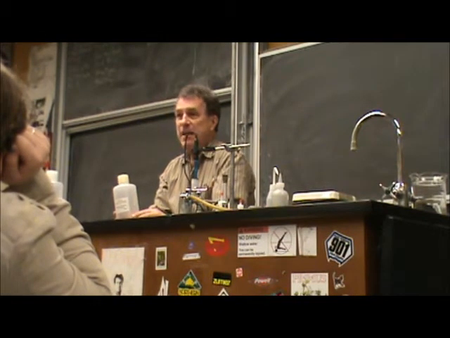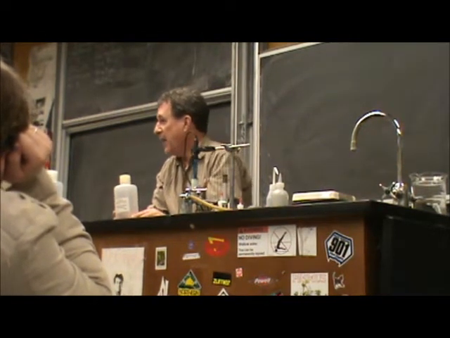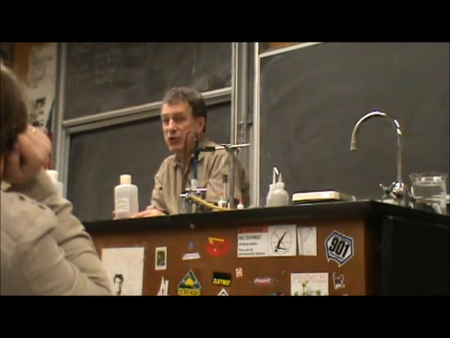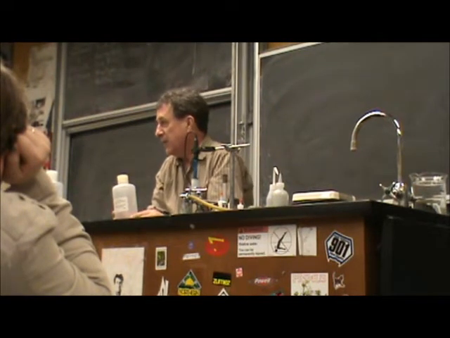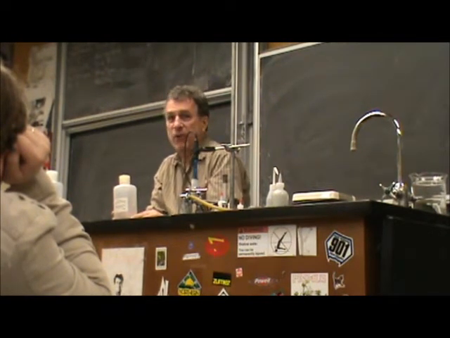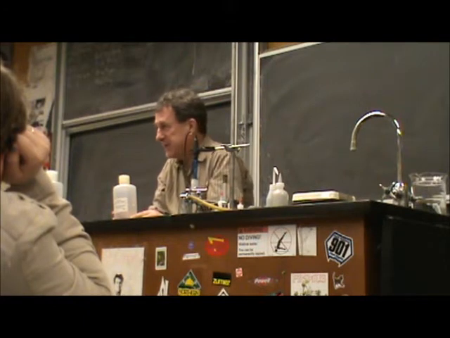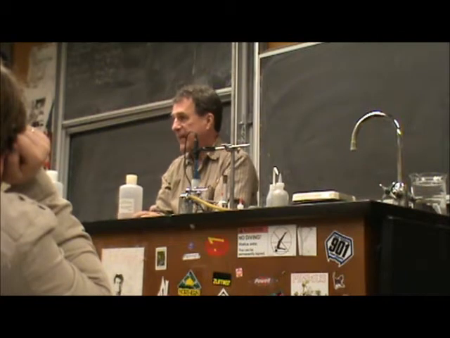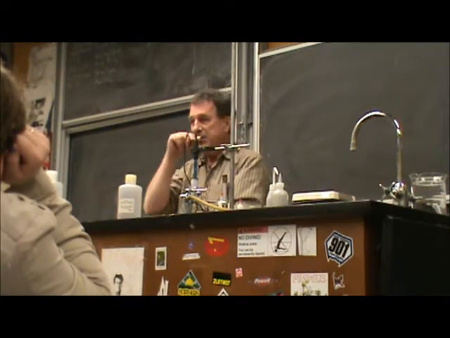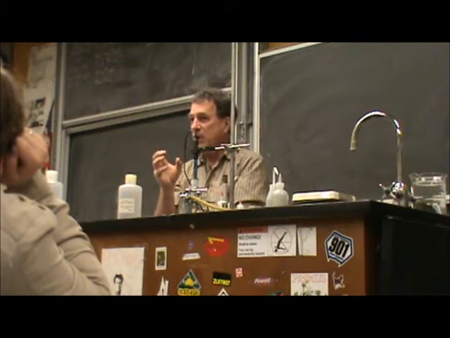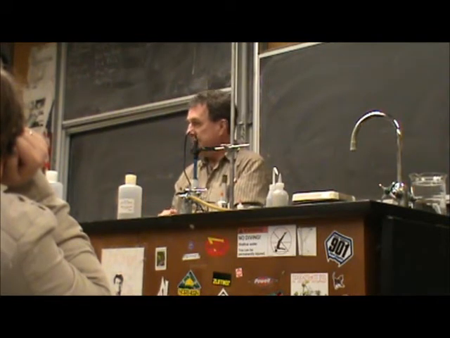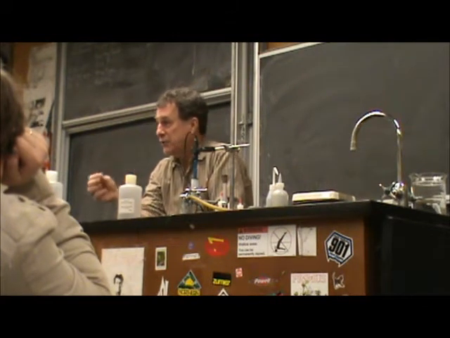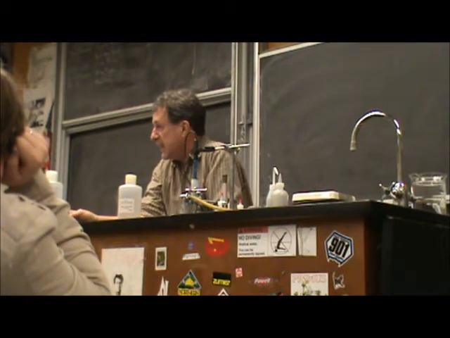The same thing that allows iron ions to attract hydroxide ions and lower the pH is the same thing that causes iron ions to attract hydroxide ions and form a precipitate.